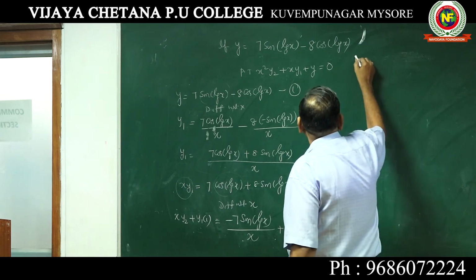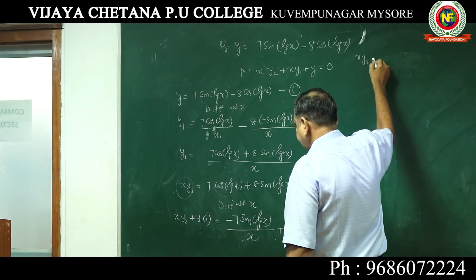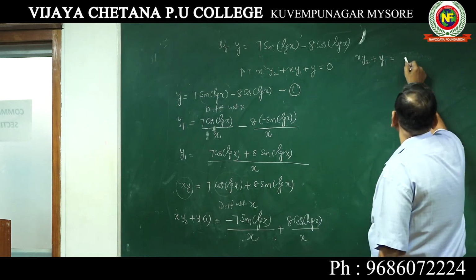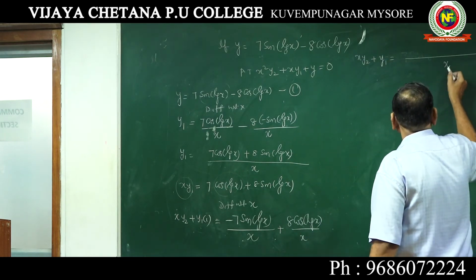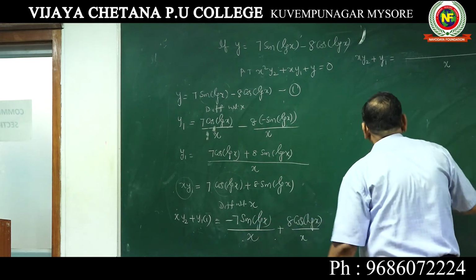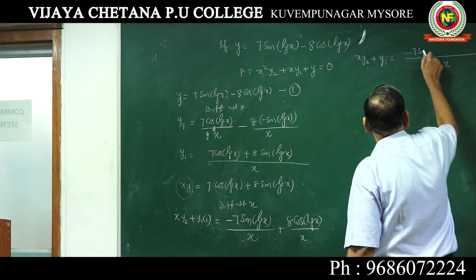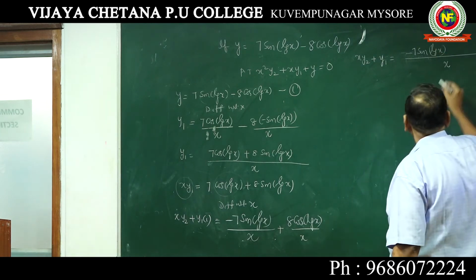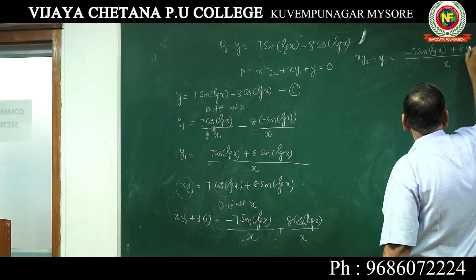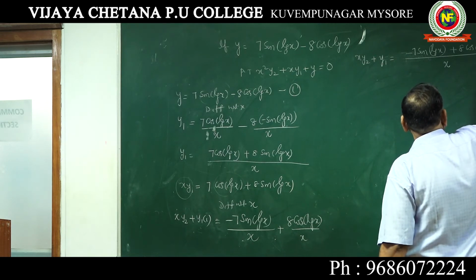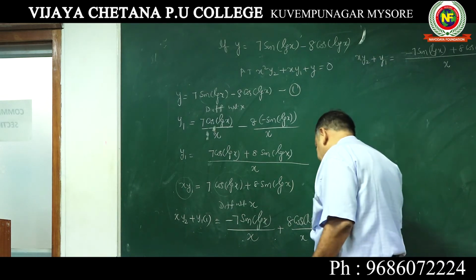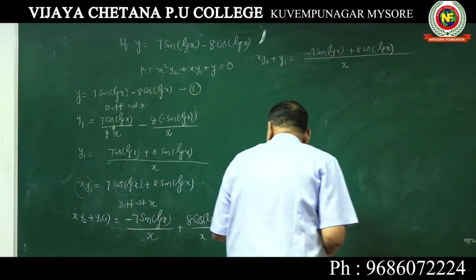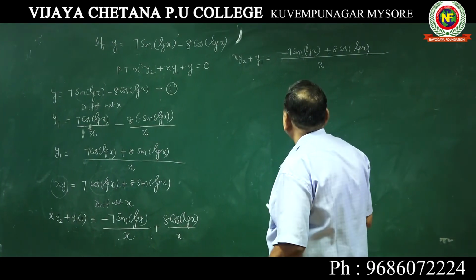So x y2 plus y1 is equal to, take x as LCM, minus 7 sin log x plus 8 cos log x, by x.